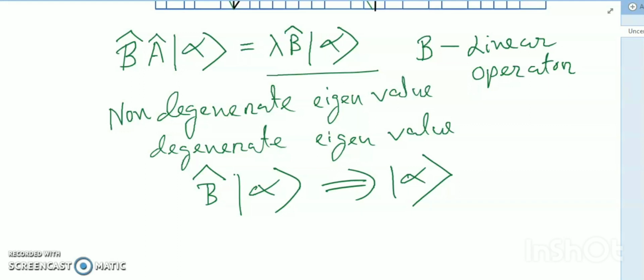So we discuss the non-degenerate eigenvalue. B alpha means B acts on alpha. Alpha is an eigenvector, so B alpha can only be a scaled alpha.